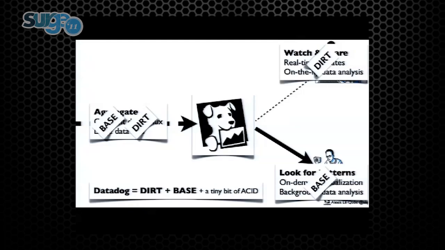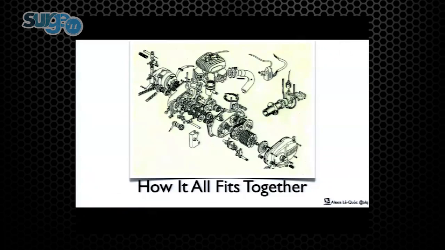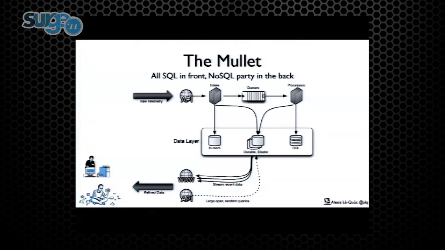Okay, so we're almost at the point where I can actually show you little boxes and how it fits together. Basically, Datadog is a mix of a little bit of ACID, DIRT, and BASE. So how it all fits together, the mullet at long last. That's it in more detail, and maybe I want to spend a little more time.